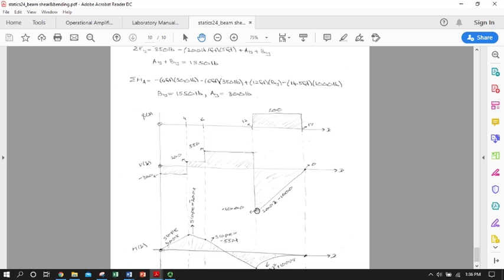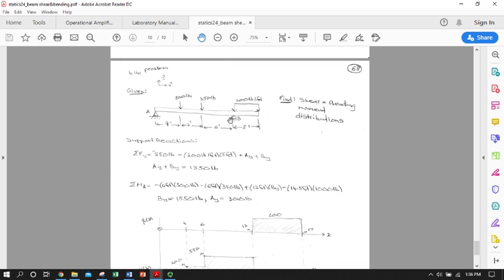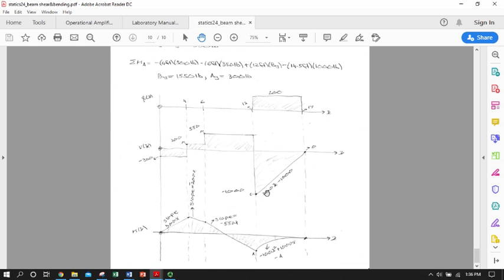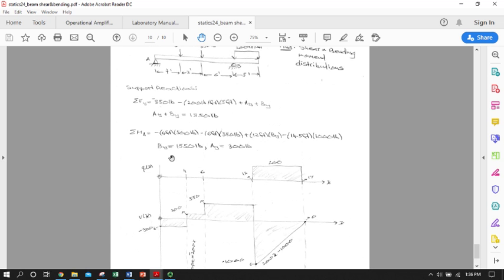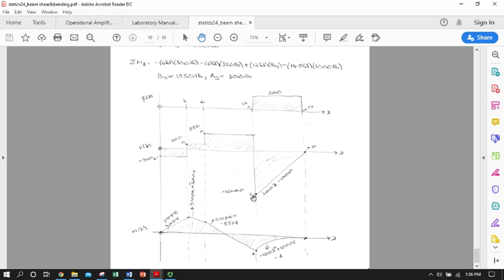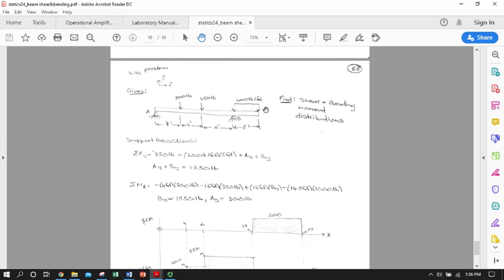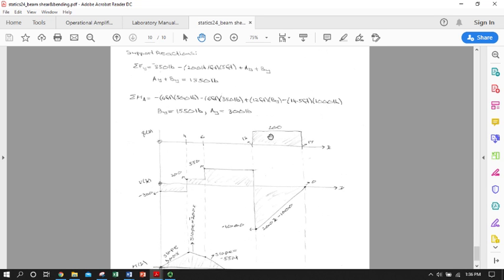So just past B, our shear is actually going to be the 550 minus 1550. So it's going to plunge to a negative 1,000 pounds. And from that point to the end, which we know has to be 0, it should be linear with a slope equal to the magnitude of the distributed load.